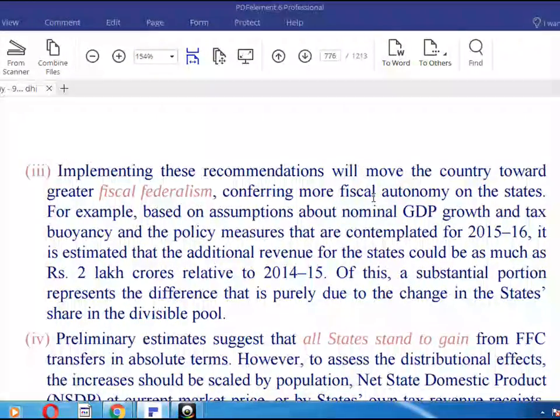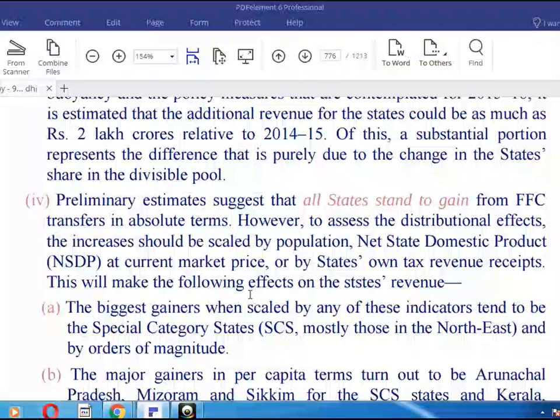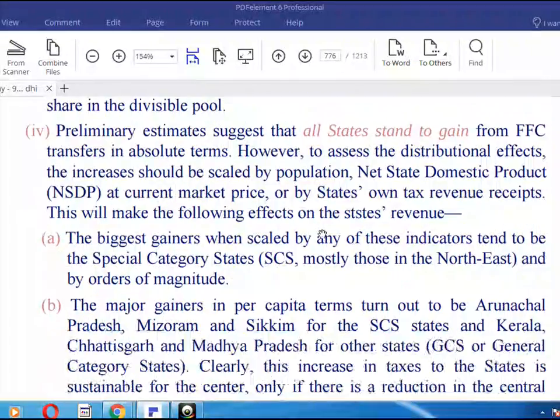A substantial portion of this represents the difference that is purely due to the change in the states' share in the divisible pool. Preliminary estimates suggest that all states stand to gain from the 14th Finance Commission transfers in absolute terms.